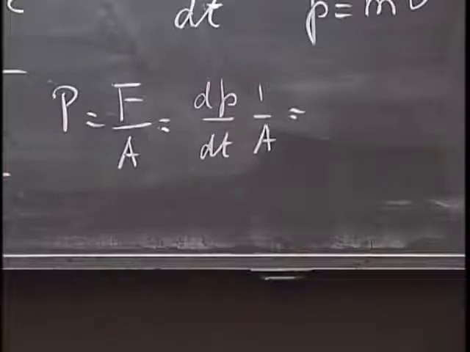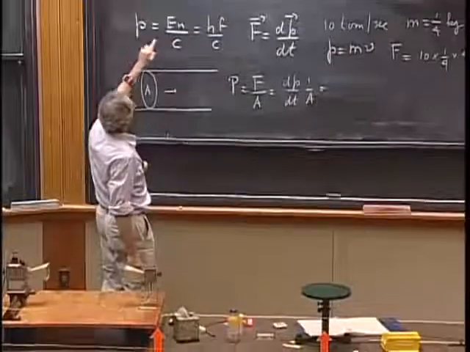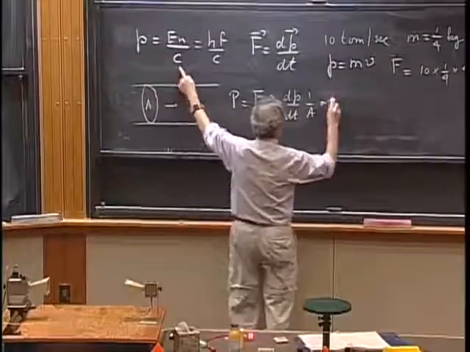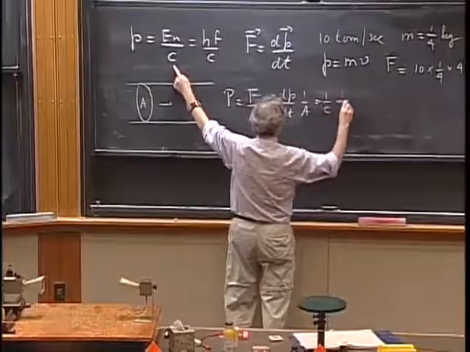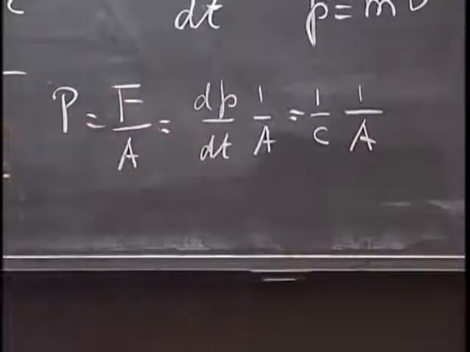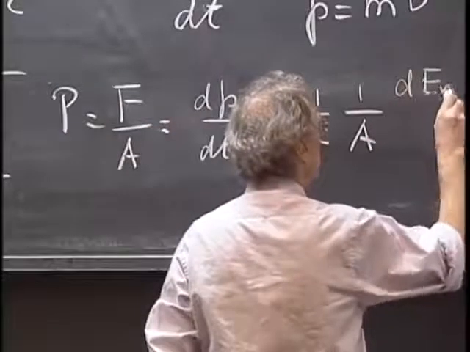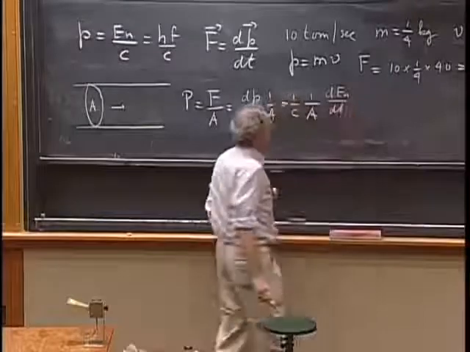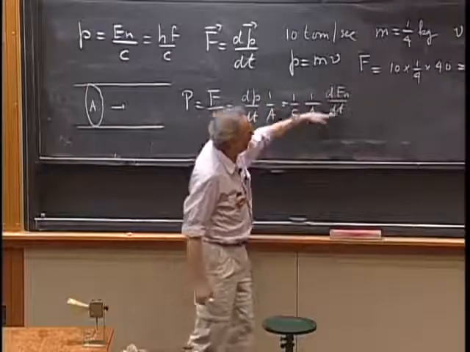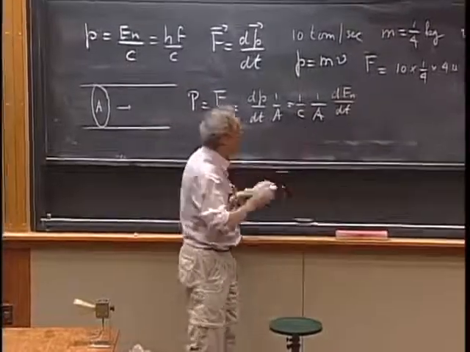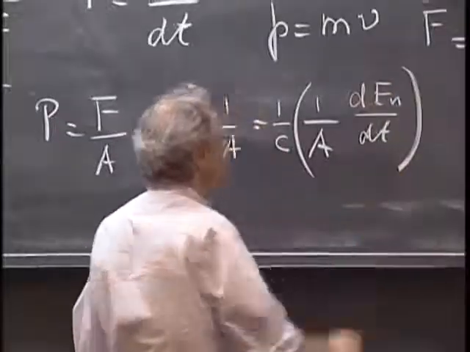But that is also, if this is the energy divided by c, I take dP/dt, so I get 1 over c, then I get my 1 over A, and then I get dE/dt, E being the energy now. So I get here d of energy dt. This is joules per second. How many joules per second hit me? That's what that means. And this is the area of the cross-sectional beam.